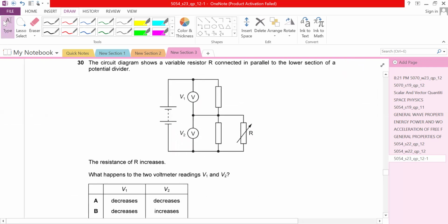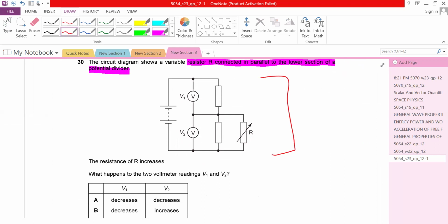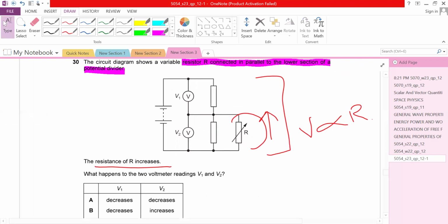Here is a question of potential divider. The circuit shows a variable resistor R connected in parallel to the lower section of the potential divider. This is the diagram shown. The resistance R increases. As we know, resistance is directly proportional to voltage.